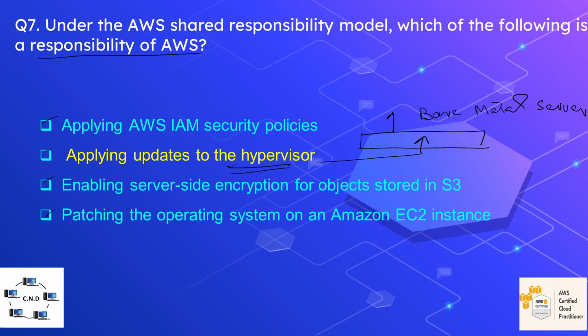After the installation of the hypervisor, we install VMs on this hypervisor. So the hypervisor comes inside the basic physical infrastructure, and it is the responsibility of AWS or the cloud provider. The updates, patching, and installation of the hypervisor and the hardware are always the responsibility of the cloud provider.